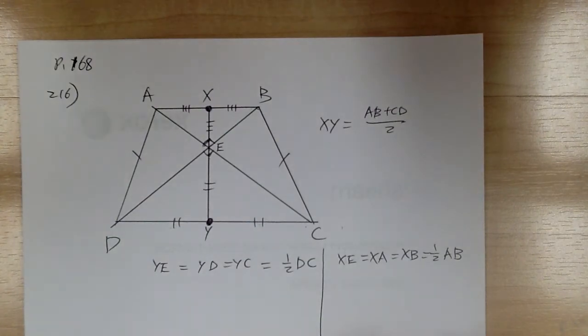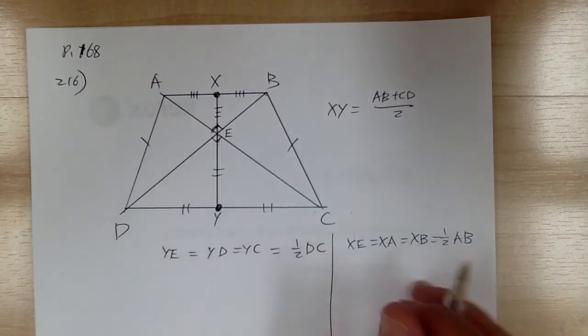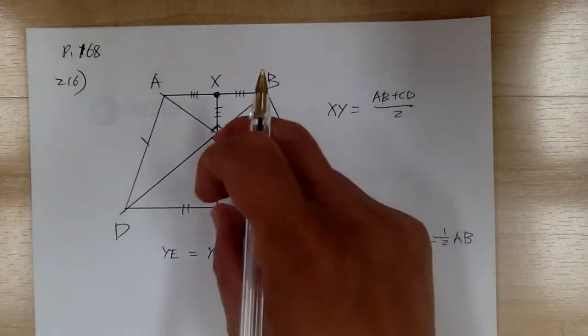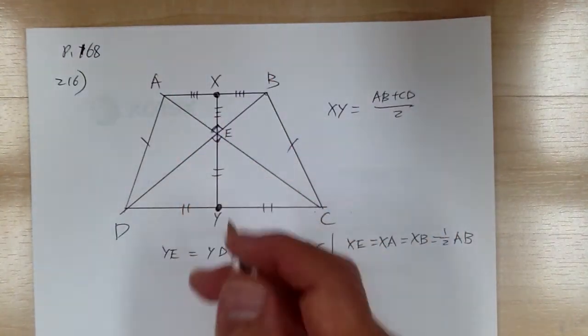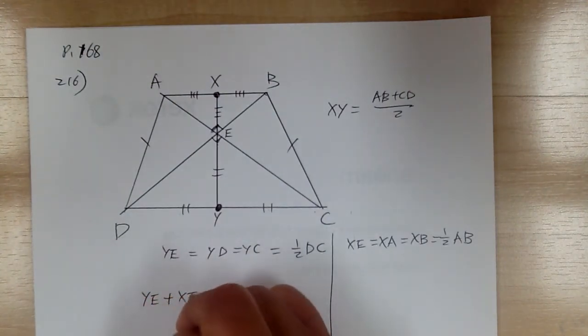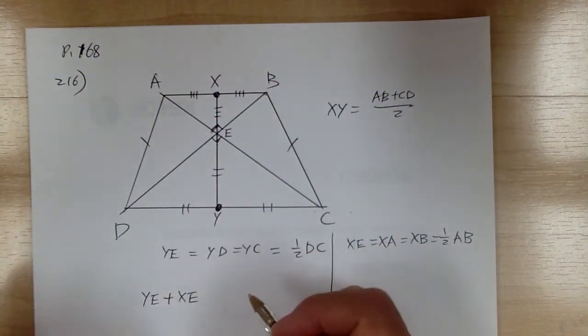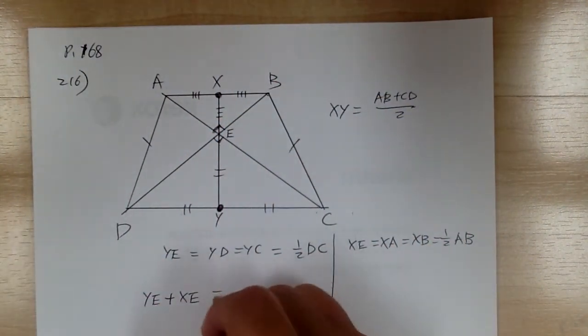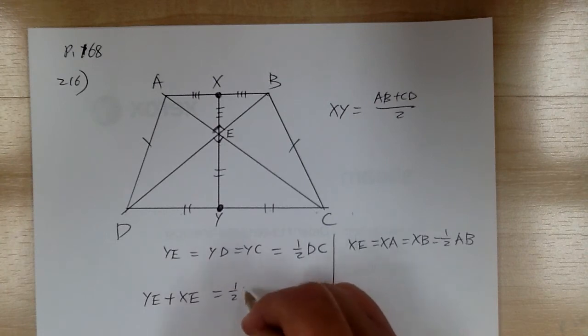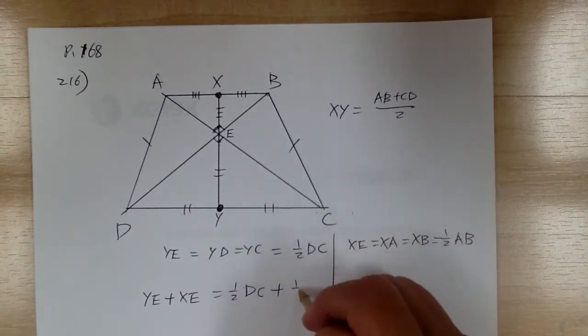And so for the altitude, if you add this together, YE plus XE equals, so YE is 1/2 DC, and XE is 1/2 AB.